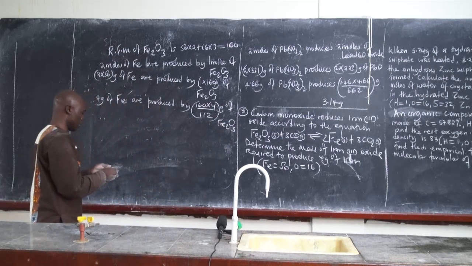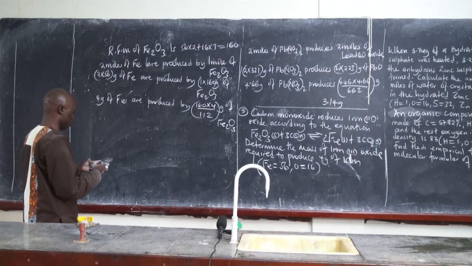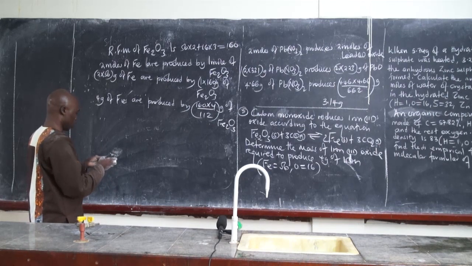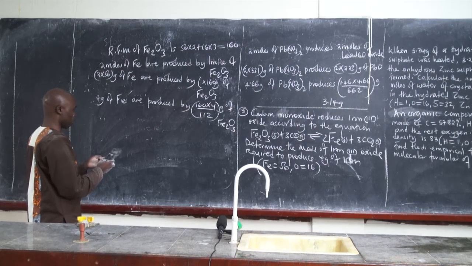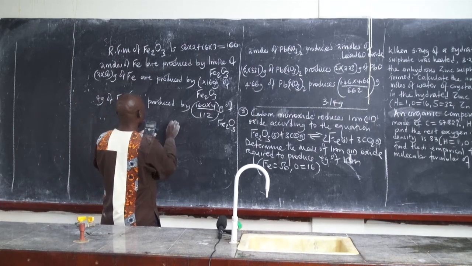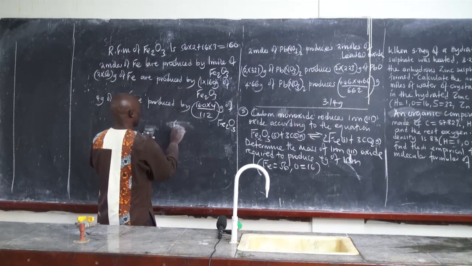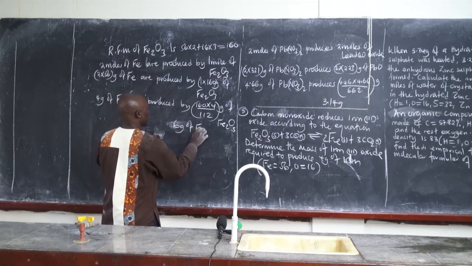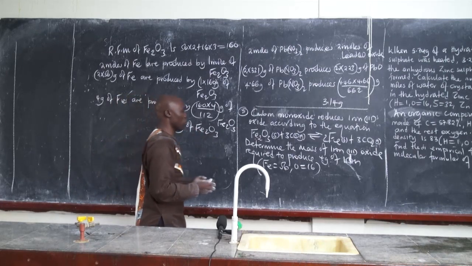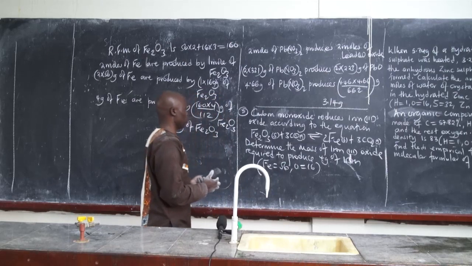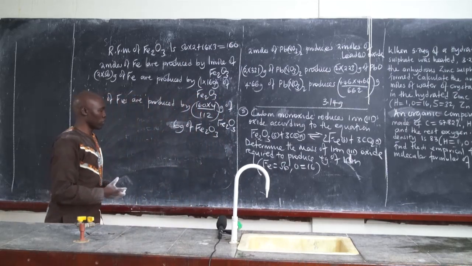Okay, let's punch that in. That's about 5.714. But let me round to a whole number, because the question already gave me a whole number, so it would be more representative of the question.